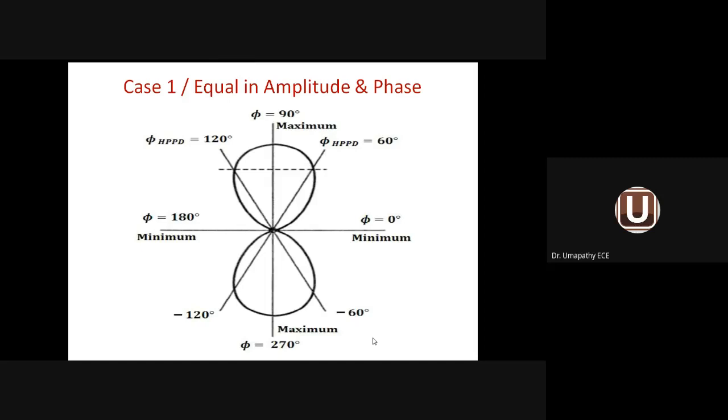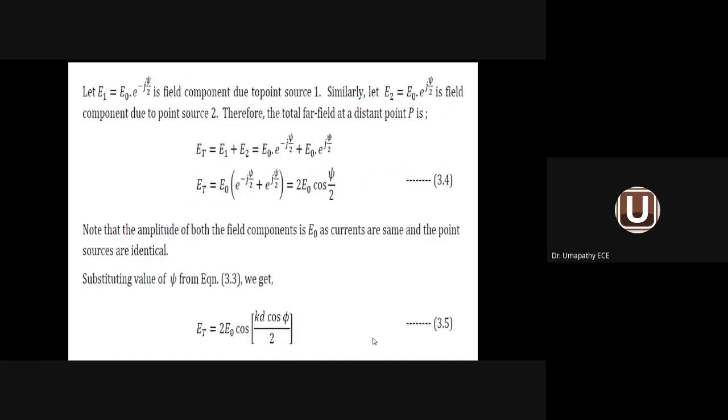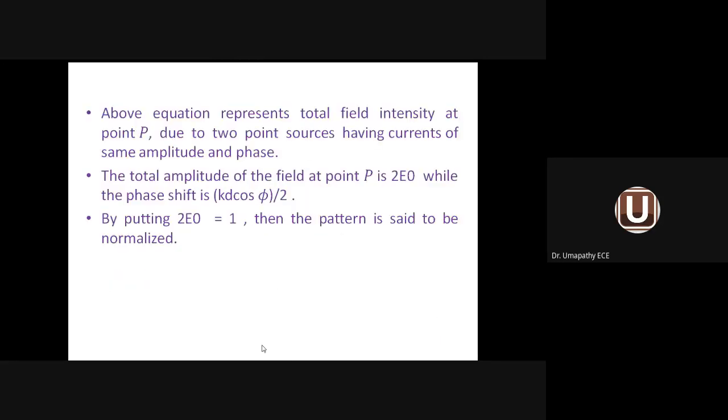Ultimately, what is our objective? We want to draw the radiation pattern of case 1. How to draw it? First of all, obtain an expression for the total electric field at a distant point P from the antenna array. We got an expression for ET. The total field at a distant point P is given by this, and it becomes maximum when the cos of this becomes maximum.